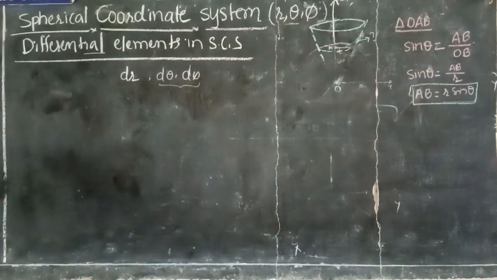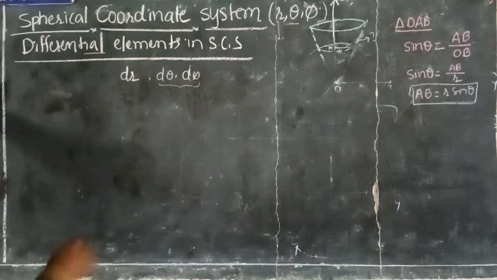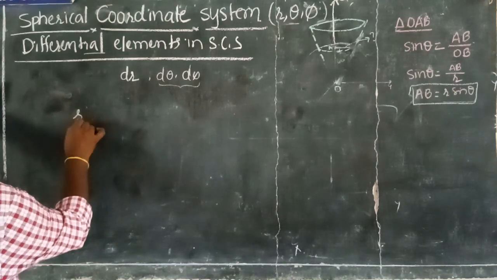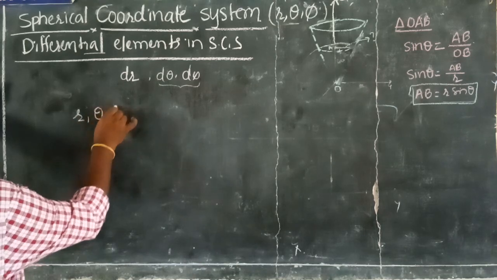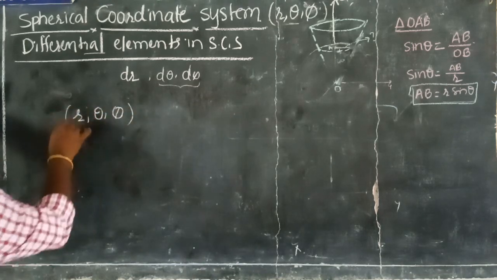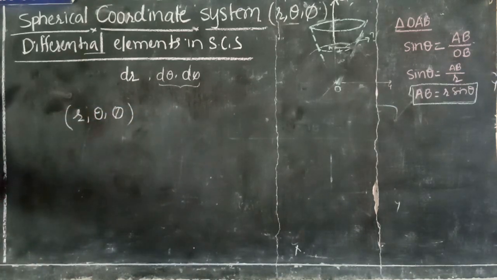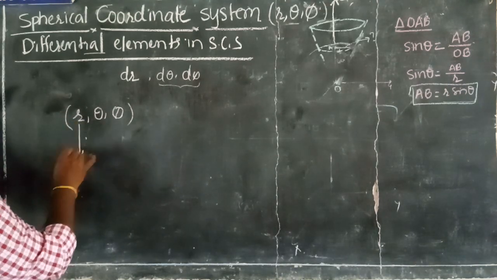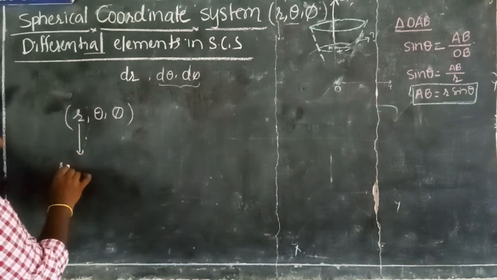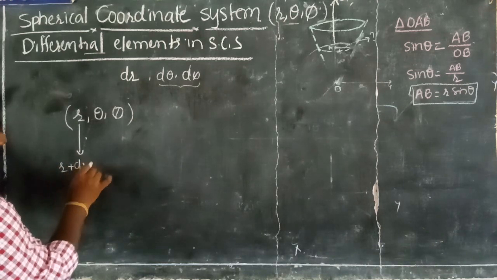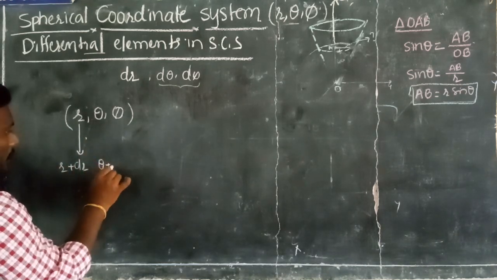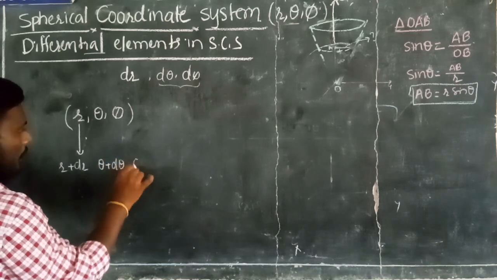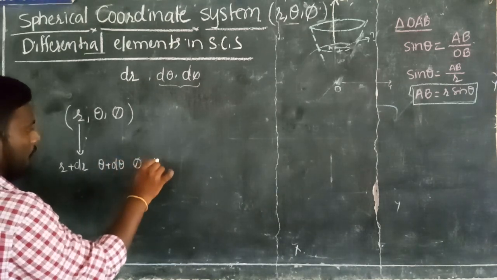See, initially I have r, theta, phi as the axes. Now I am increasing my r axis from r to r plus dr, theta to theta plus d theta, and phi to phi plus d phi.